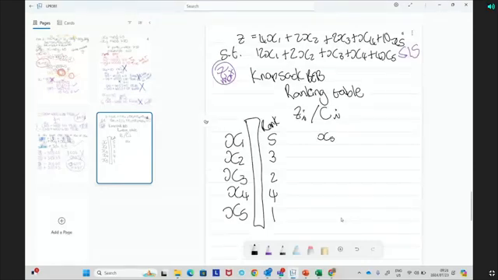Obviously in the test we don't give away the fact that you check X5 first. We give it in the form of X1, X2, X3, X4, X5 and so on, to not give away that you should actually be using this ranking table. I mean, you should know you should be using it.